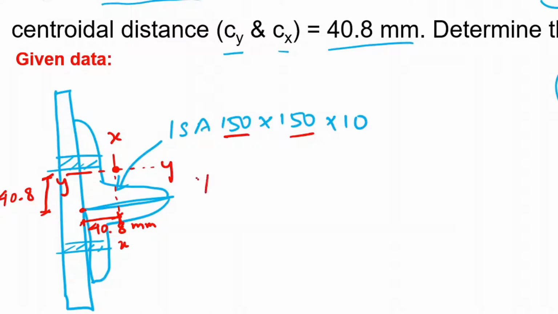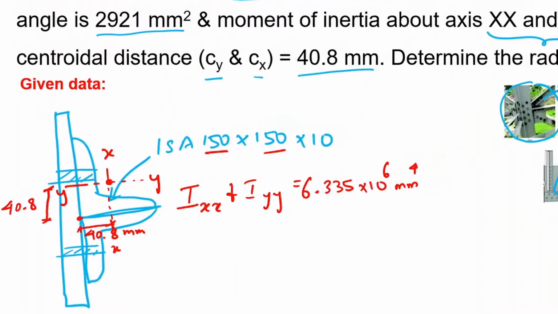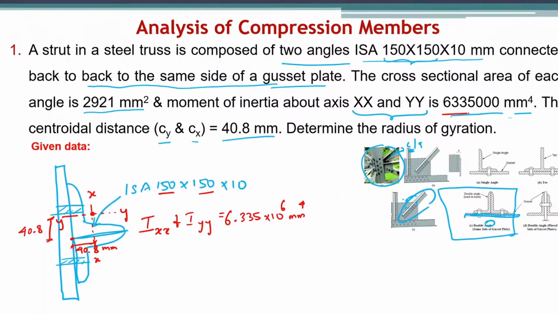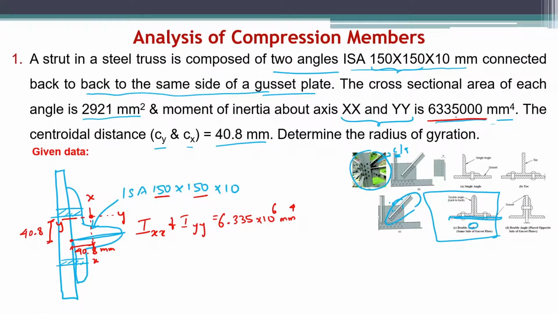Then the moment of inertia about axis XX and YY. Since it is an equal angle, both moments of inertia are the same. 6.335 into 10 to the power 6 mm^4. See, here it is given as 635,000. So I have written 6.335 into 10 to the power 6 mm^4.